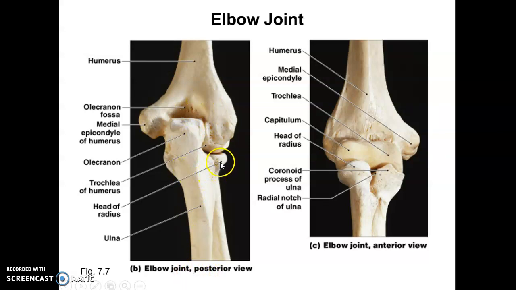So then that would be the round head of the radius. The radius is lateral, ulna is medial, and the round head of the radius articulates with the capitulum of the humerus, which is not labeled here, but it's labeled over here. And that's your elbow joint.